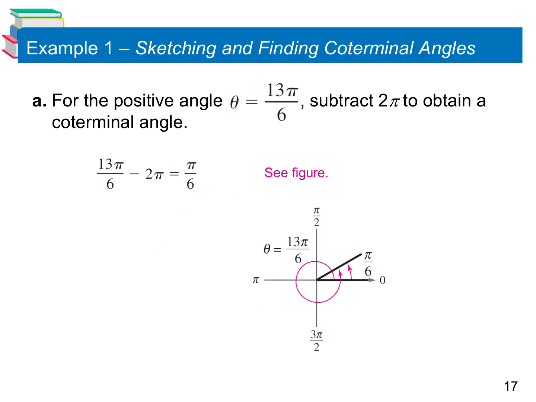So in example 1, it was done for us, but it says for the positive angle theta is 13 pi over 6, subtract 2 pi to obtain the coterminal angle. So they subtracted 2 pi and got pi over 6. Some of the questions on WebAssign will ask for a positive and negative coterminal angle.